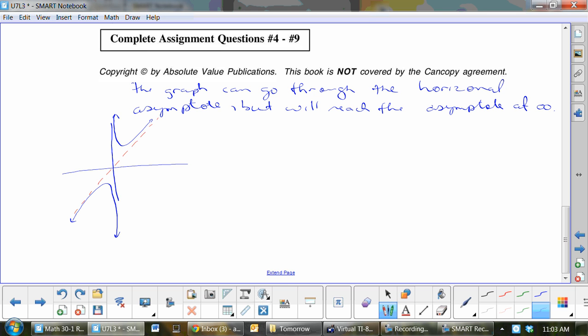Okay, it may still ask you for the range. Now the range is everything but this stuff in between. Now they're not going to ask you for this asymptote, but they want you to know, well, what would the range be? So to find the range, you're going to have to find, now this is going to be a minimum value, this will be a maximum value.